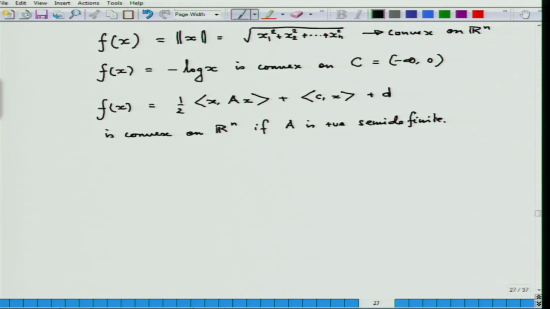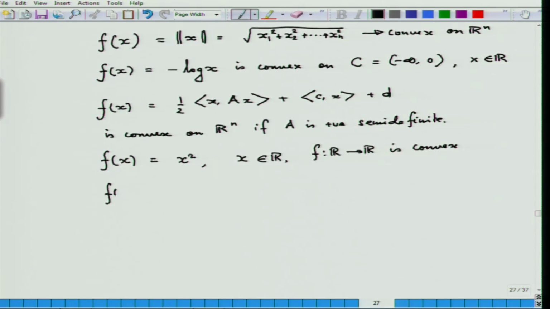There are many such examples. If you take f of x equal to x square, where x is an element of R, then f from R to R is convex.